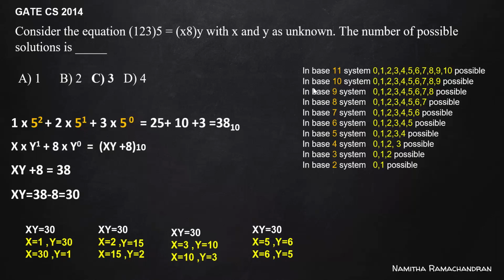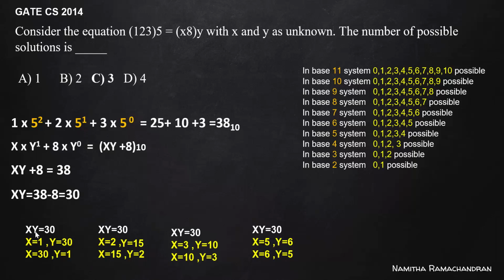So the base value must be greater than or equal to 9, because the symbol 8 is present only in base 9, base 10, base 11 and above. Based on that, we can conclude that our y value must be greater than or equal to 9.